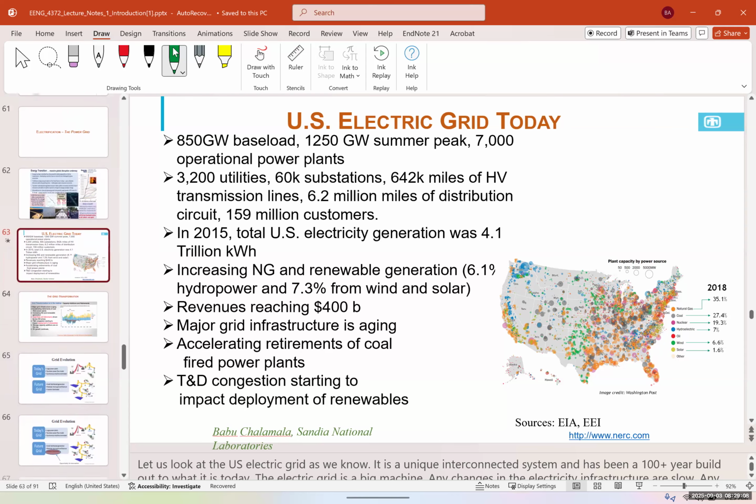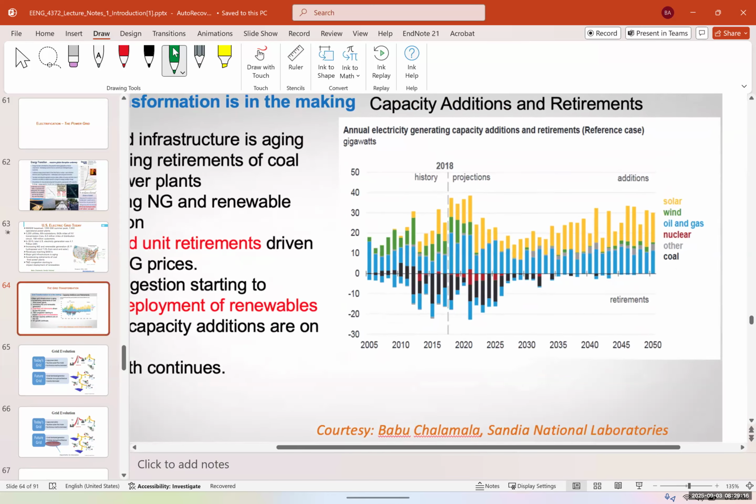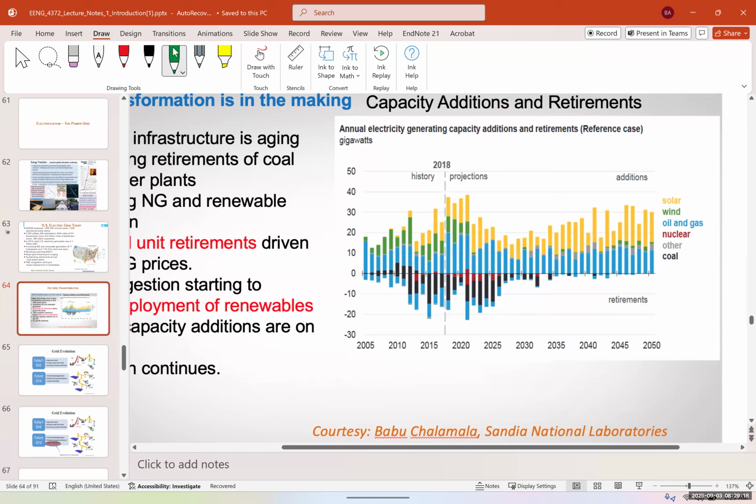Okay, so some information. This is the grid transformation and the projection until year 2050. You can see the rise of solar power and wind power energy, and the solar is with yellow, and you can see the wind with green, and the blue is going to be oil and gas.